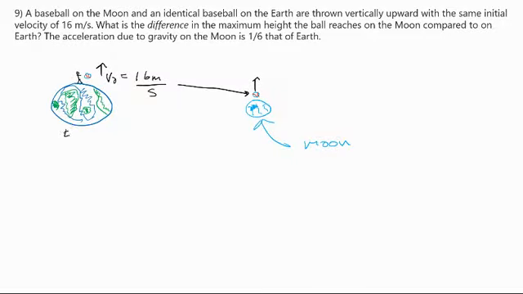Over here on Earth, the acceleration due to gravity is 9.8 meters per second.